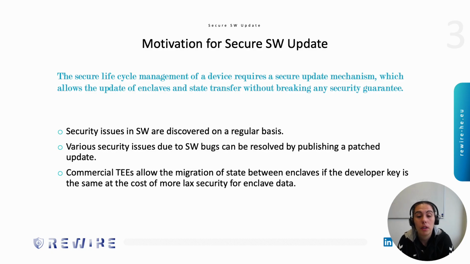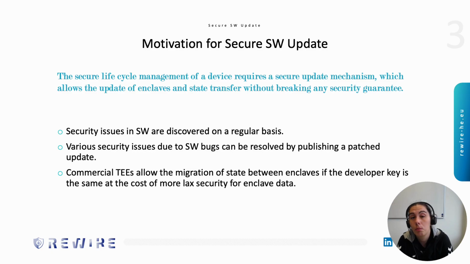As mentioned before, maintenance is one of the key parts of the software lifecycle. This is basically because security issues in software are discovered on a regular basis, and also different bugs that programmers can introduce in their own code. Usually, one solution is to just roll out a patch or an update of the enclave and apply this patch to the software.